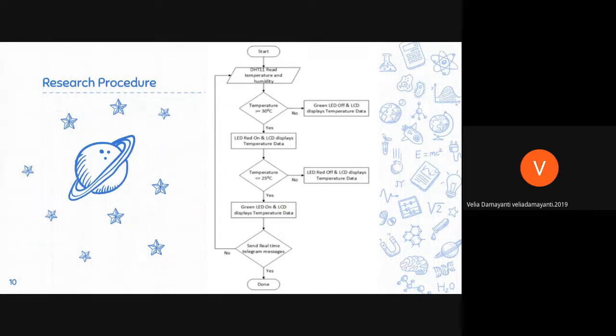Research procedure. The process starts, and then the DHT sensor reads the temperature and humidity. If the temperature is up to 30 degrees Celsius, the red LED will be on and display the temperature data; if not, the green LED will be off and display the temperature data.